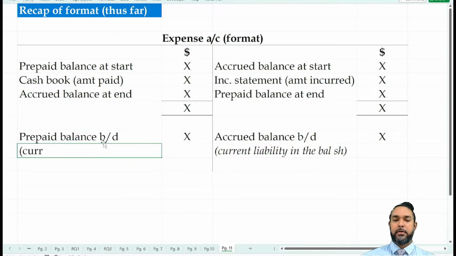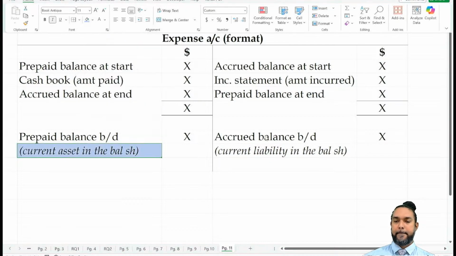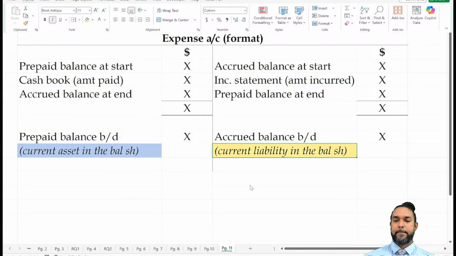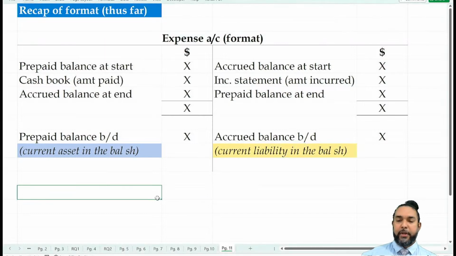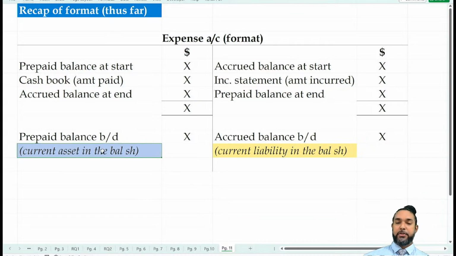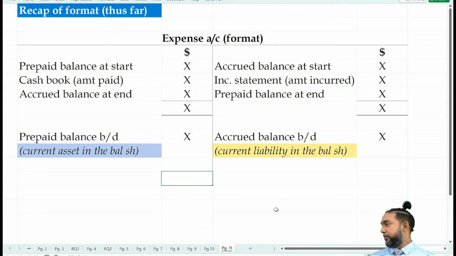All right, so this is a current asset in the balance sheet. Okay, right. So now you're not going to write these things that I've highlighted in blue and yellow in the actual accounts, right? That's just notes for you all for now.